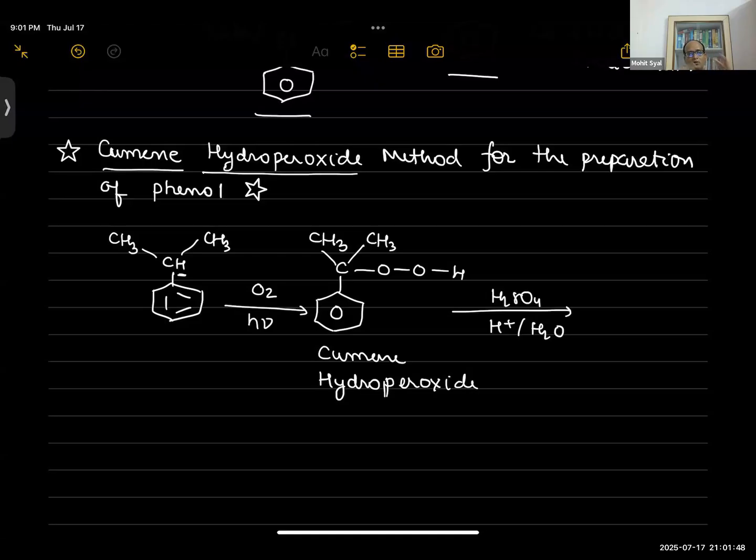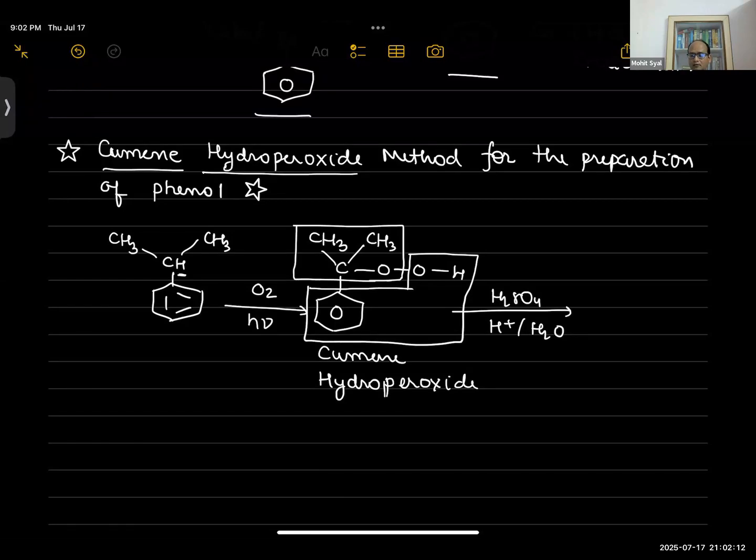With H2SO4, it undergoes rearrangement, and you have these two molecules.